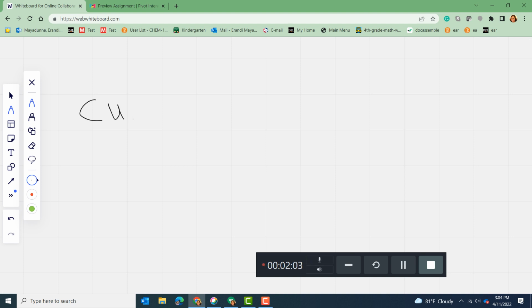Cu plus silver nitrate. How do you write silver nitrate? Silver is Ag. Sorry about my writing. NO3 is nitrate.